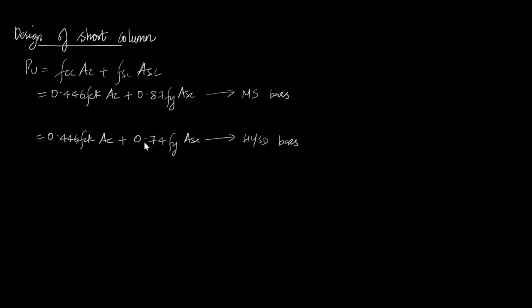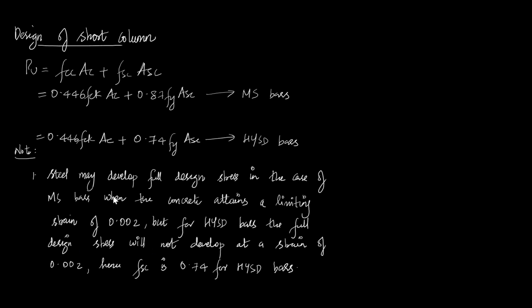There it is limited to 0.74 Fy. That is, the steel may develop full design strength in the case of ms bar when the concrete attains a limiting strain of 0.002. But for HYSD bars, the full design stress will not develop at a strain of 0.002. Hence, FSC is 0.74 Fy for HYSD bars.